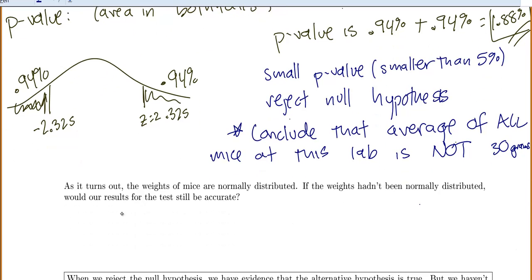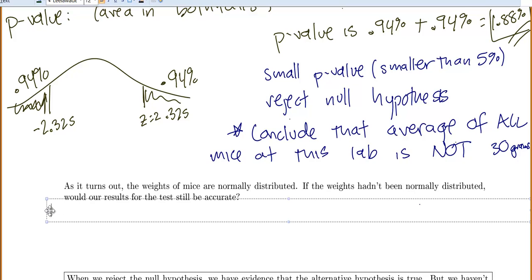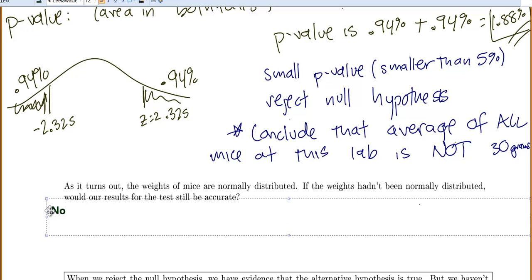And just as a note, as it turns out, the weights of the mice are normally distributed. But if the weights hadn't been normally distributed, would our results for this test still be accurate? So this would be no, because the Z-test requires normal data or a large sample size, of at least 30 is our rule of thumb.